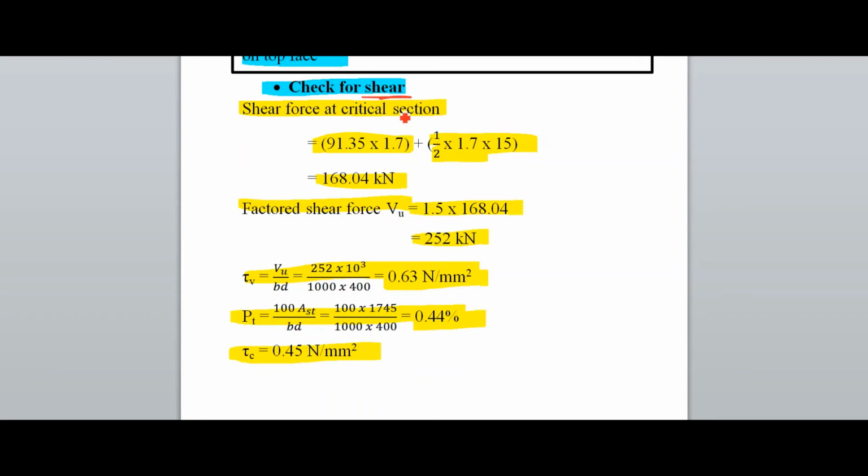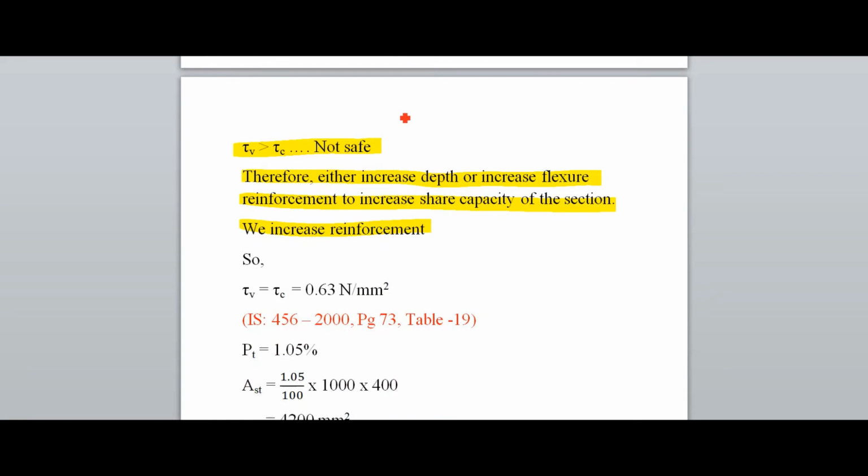So we have to follow some restriction, like increasing the depth or increasing the flexure reinforcement, to give us safety against shear. In this case, we are just going to increase the reinforcement.